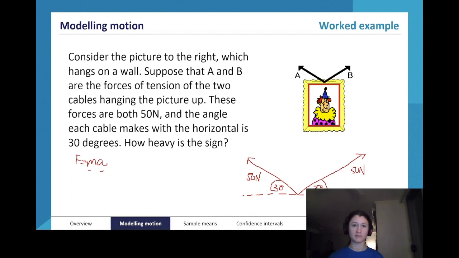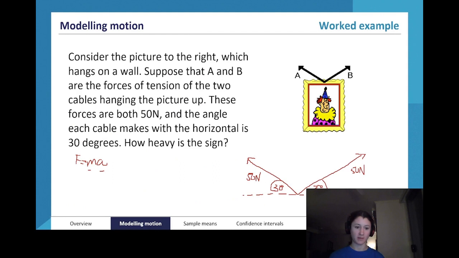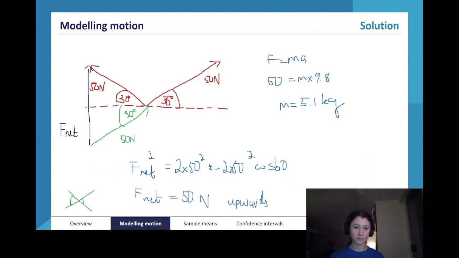We knew that we needed F equals ma, and then working on from there, we knew we needed to find the net force because we had a. So we found the net force using vector resolution and then solved for m.